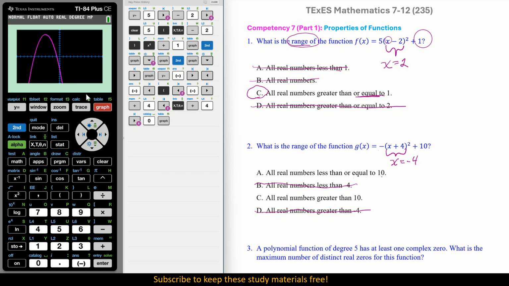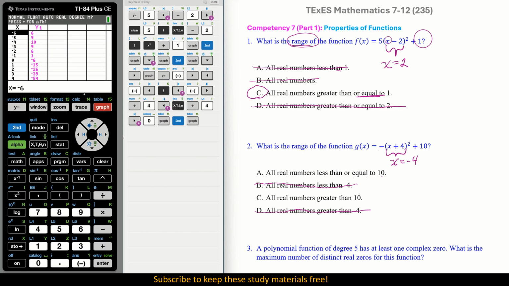Yes, everything below 10, but we have to include 10. If we don't include 10, that means our maximum, our top vertex, would have a hole in it. Well, it doesn't. How do you know that? You go to second graph, and then you go over to your x value, -4, which is here.